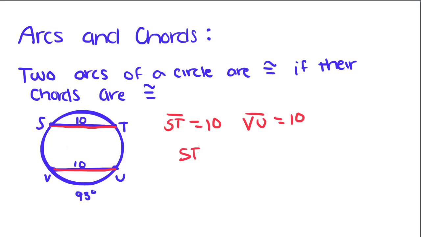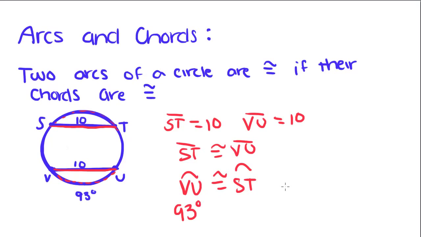So that means chord ST is congruent to chord VU, so that means that arc VU is congruent to arc ST. So if arc VU equals 93, then arc ST also has to equal 93.